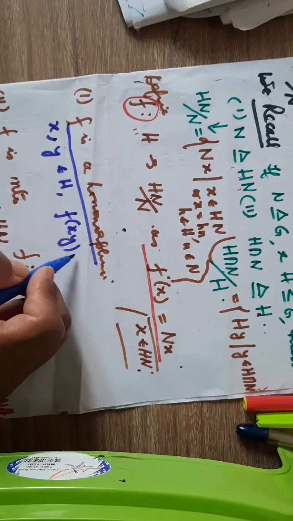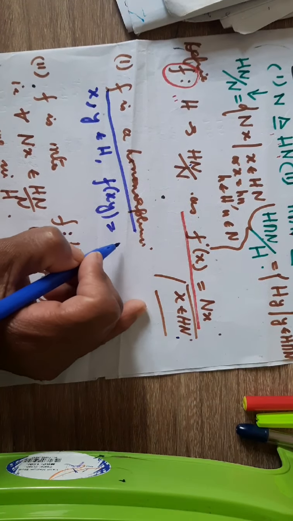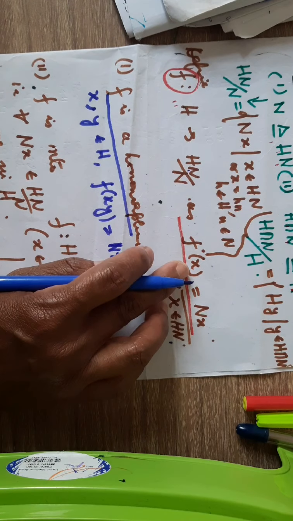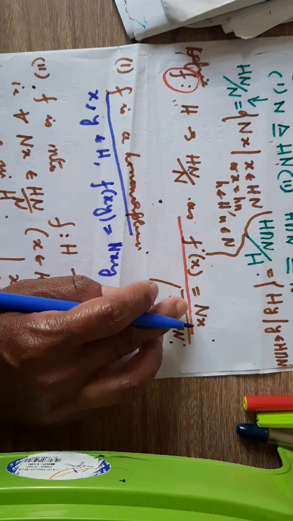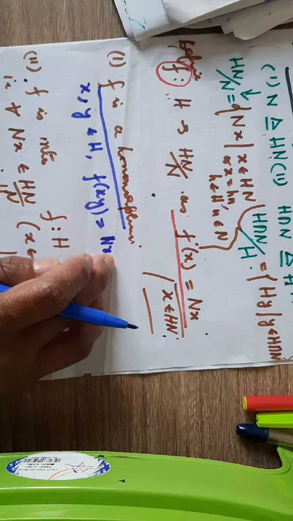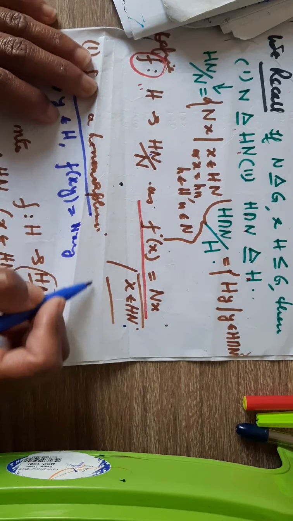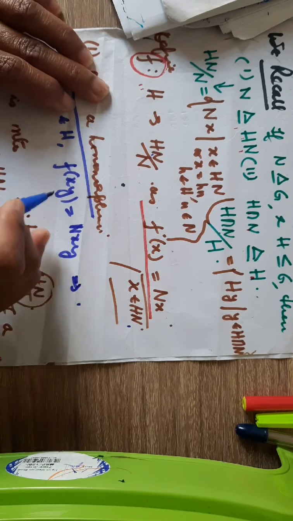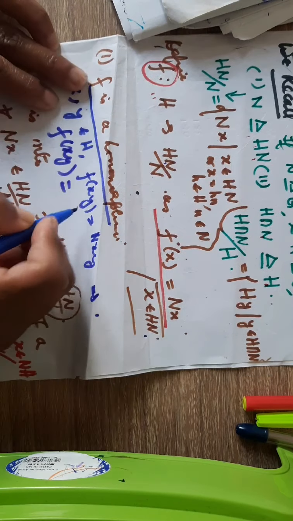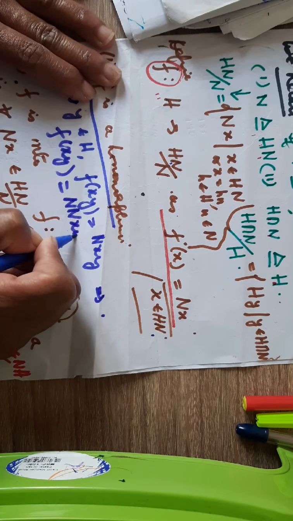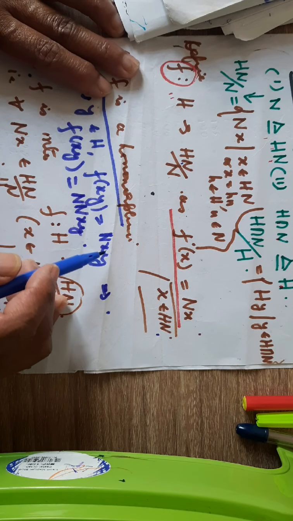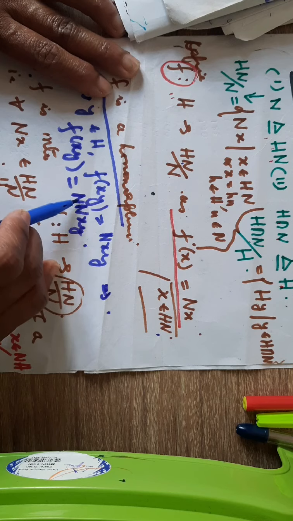f(xy) is equal to Nxy, because we defined f(x) equal to Nx, but you have to replace x by xy, so it will become Nxy. So this implies that f(xy) is equal to NNxy, because N is a subgroup of G, so N will be the same as NN.